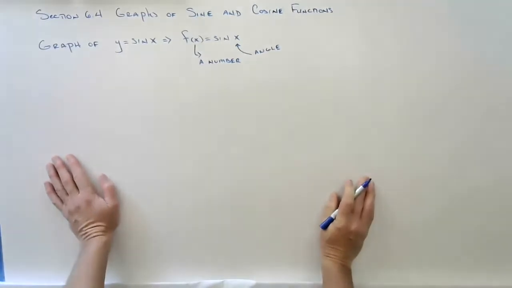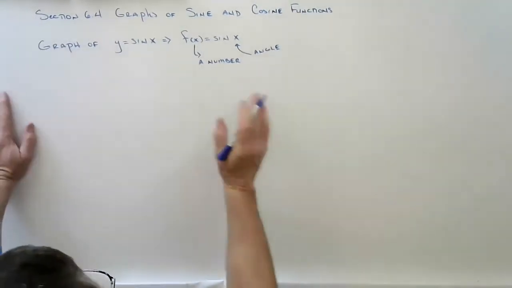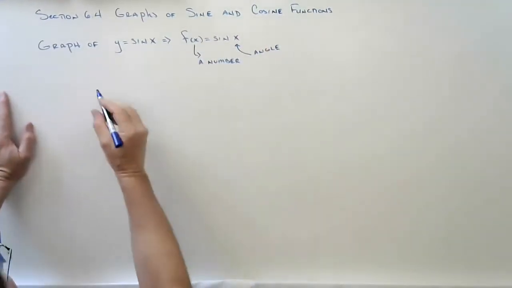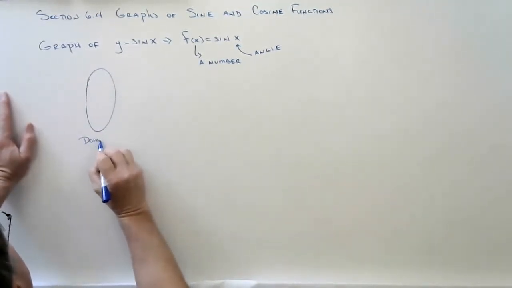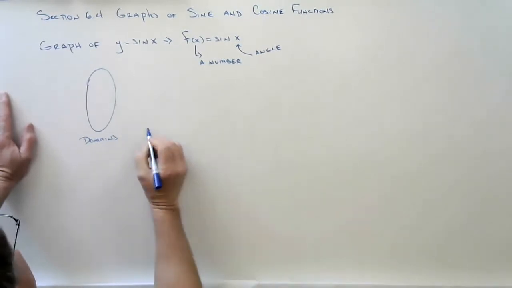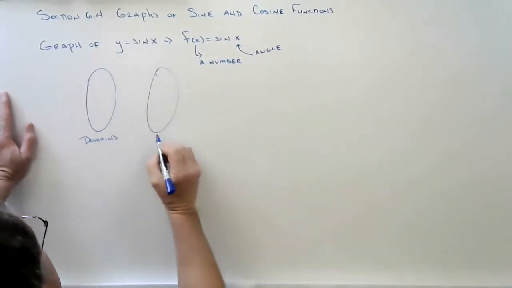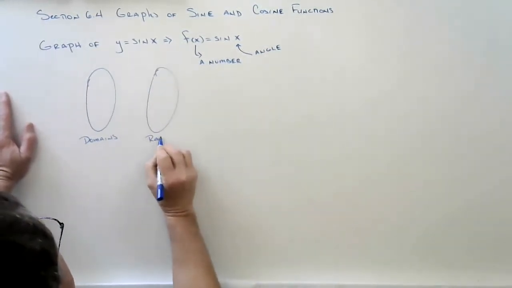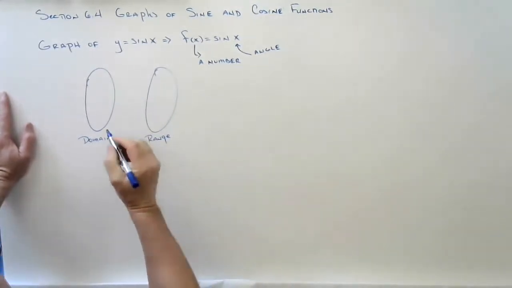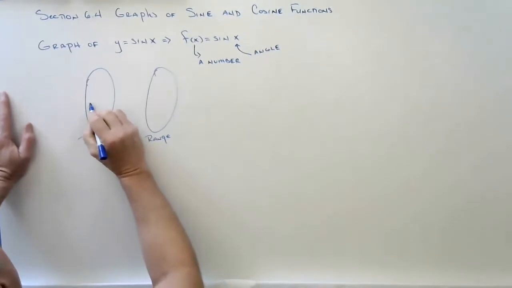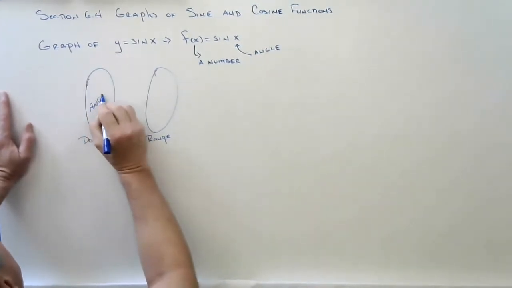So a trig function, and that's what we're talking about here, the trig functions, have domains and they have ranges, just like every other function. So we have a domain and we have a range. The domain is an angle, right?